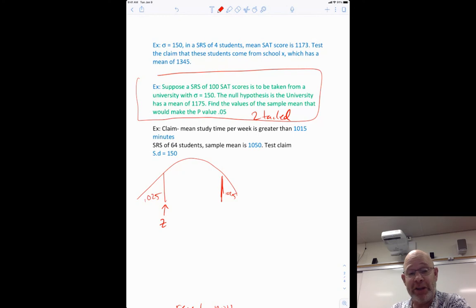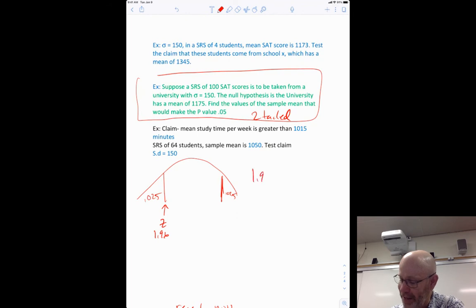Clearly we know that test statistic, because we just do an inverse norm of 0.025, but I can do it anyway, and we get 1.96. So that means my test statistic, to give me a p-value of 5% on a two-tailed test, had to have been 1.96.